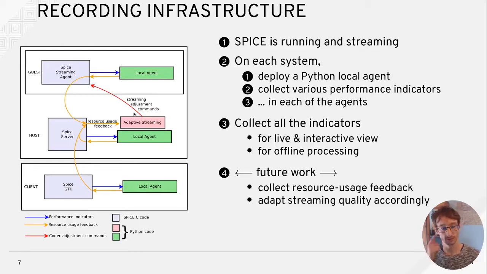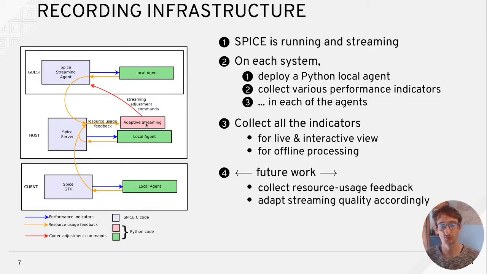And let me say a few words about the future work. So the idea is, as I said before, not to centralize all the messages, but instead send only usage feedback to the central agent. So that's these yellow arrows that go all to the adaptive streaming processor.